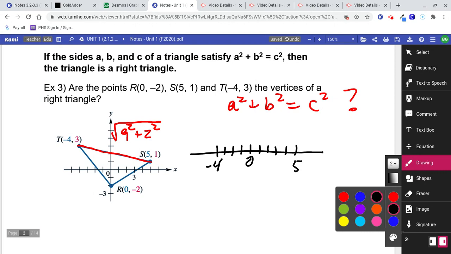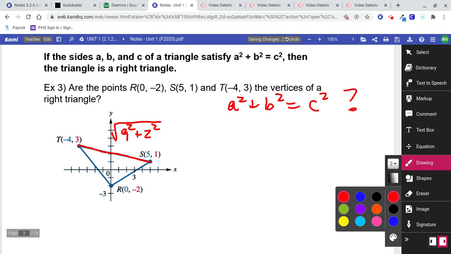You take one minus the other, and when you subtract a negative, you're going to be adding that 4, right? So that's a distance of 9, but the other one is just a distance between 1 and 3, and that's only a distance of 2. Oh, okay, I get it. Great, good question.